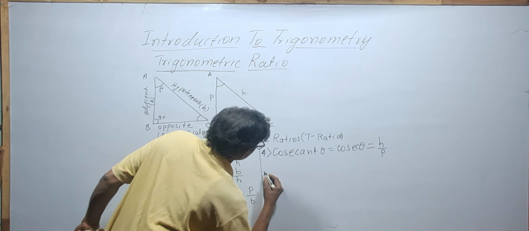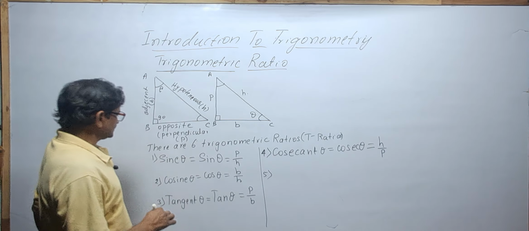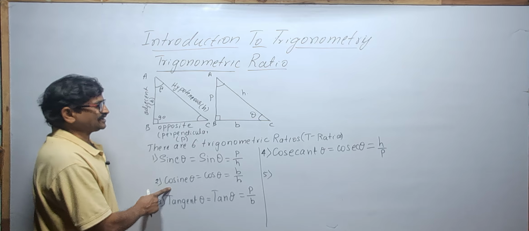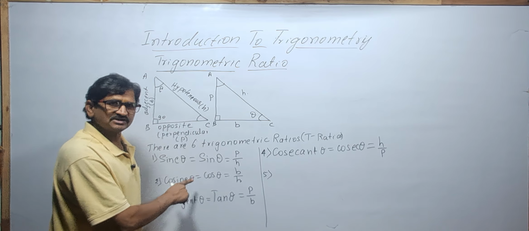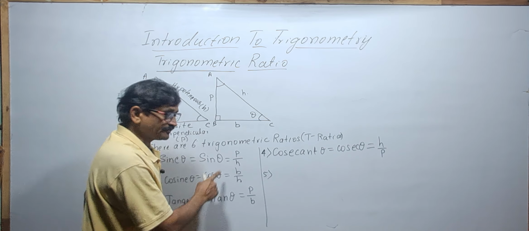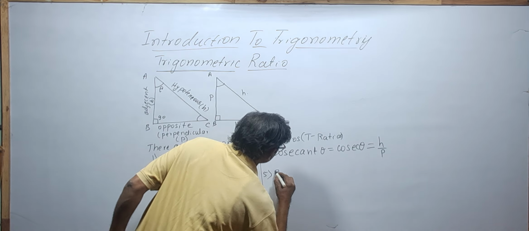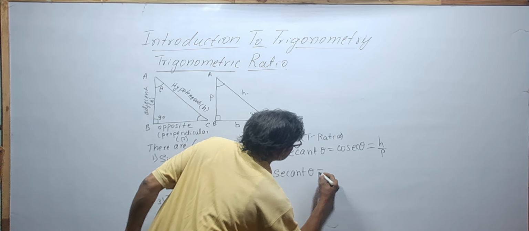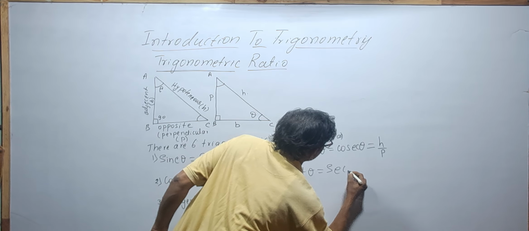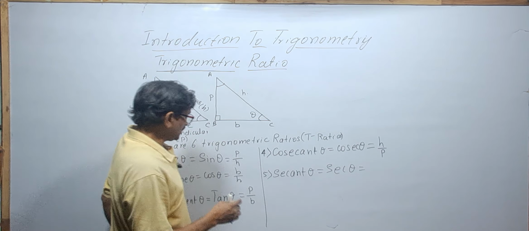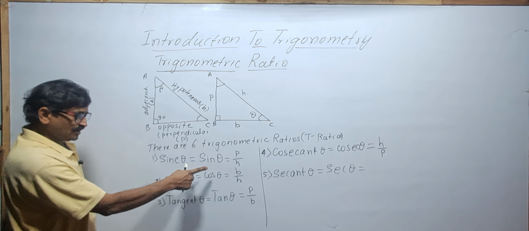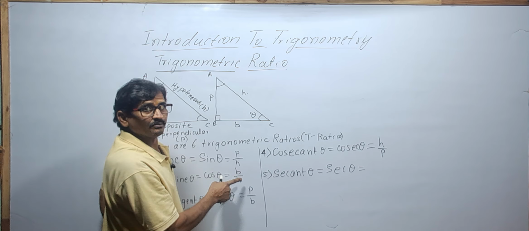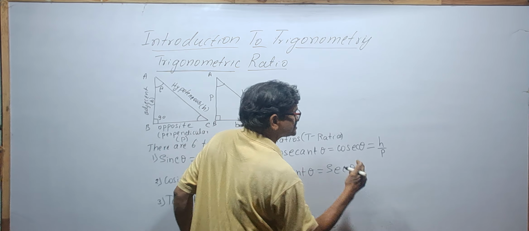The fifth one is the inverse of cosine theta, that is secant theta, shortly sec theta. Cosine theta is base by hypotenuse, so sec theta is hypotenuse by base.